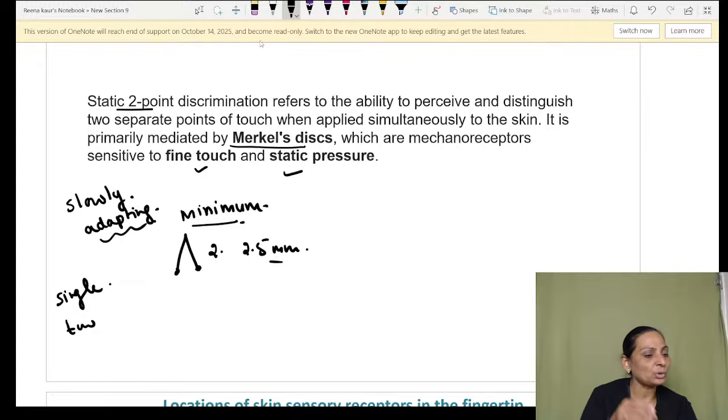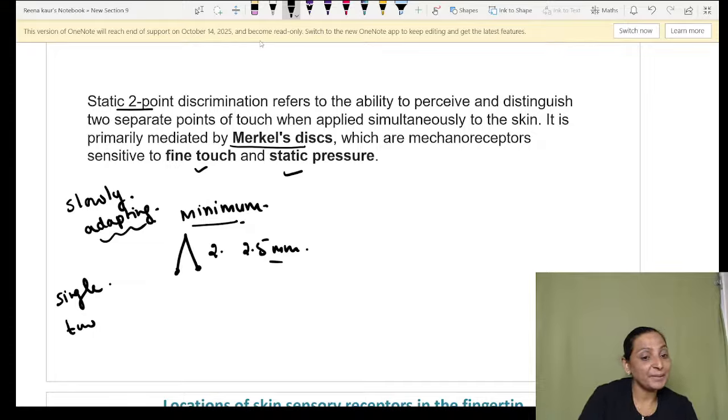So because of lot of the sensory modalities, even such a small distance can be perceived as 2-point. But over the back, where the sensory modalities are comparatively less, a very huge distance around 60 to 70 mm is required to perceive the points as 2-point.